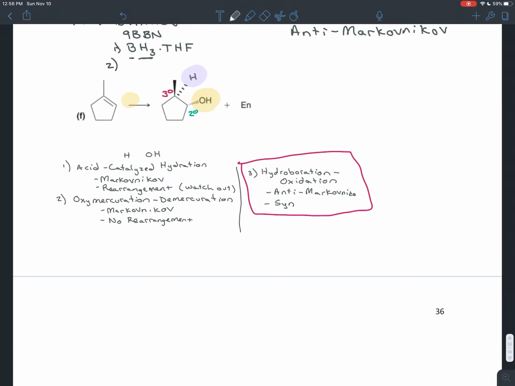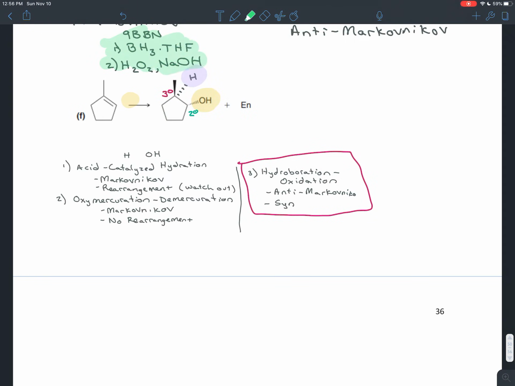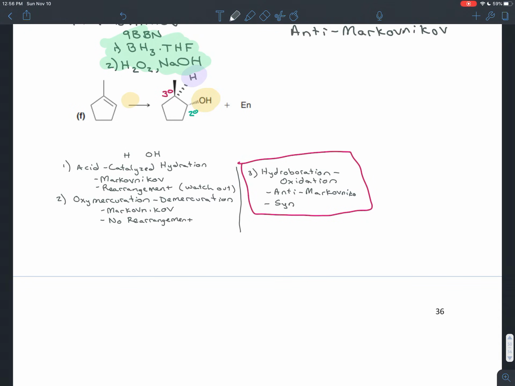This adds the hydrogen and the boron, that's hydroboration. The second step is to replace the boron with an OH, and you get that OH from hydrogen peroxide. You have to activate it with sodium hydroxide. So the answer for this exercise is going to be this recipe here, those 2 steps for hydroboration oxidation. That's how you could get that transformation to happen.